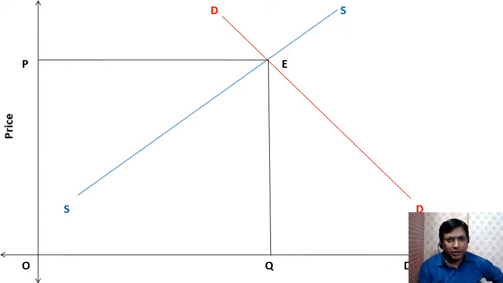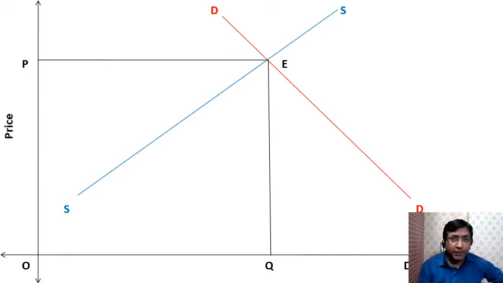DD is the demand curve, SS is the original supply curve, OP is the original price, OQ is the original quantity. Now, because of COVID vaccination, frankly speaking, the demand for PPE kit has started decreasing. The demand for even the medical gloves has started decreasing because the number of COVID cases is going down. So even when I speak about the healthcare industry, the demand for COVID related products is decreasing.